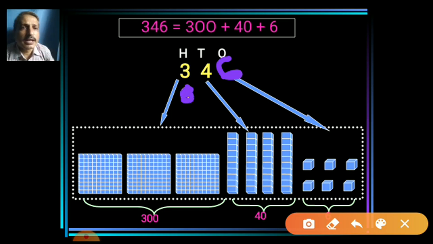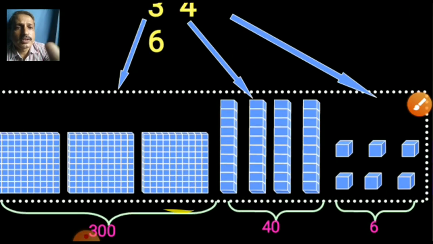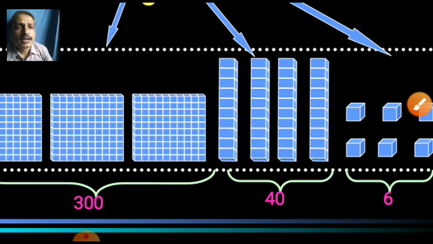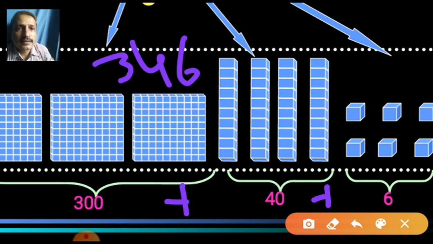So you have a better idea. 3 hundreds, 4 tens and 6 ones. Clear? Or you can say it's a 300, this is a 40 and the last one is a 6. Can you see this? When we add all three, 300 plus 40 plus 6, it gives me 346.